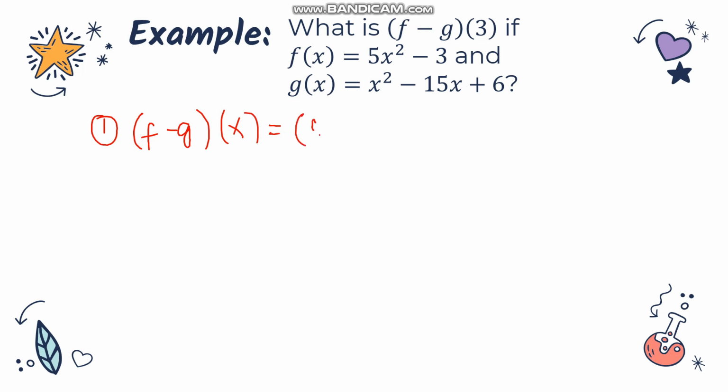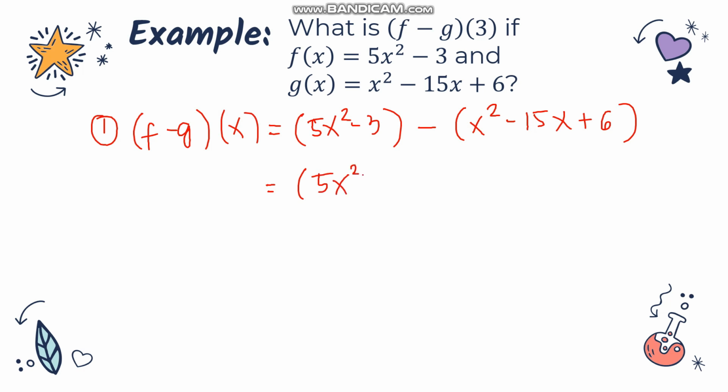So we have 5x squared minus 3 minus x squared minus 15x plus 6. Now next we have to apply the copy plus change. So copy the minuend. So that is 5x squared minus 3. Change the operation to addition. And then change the sign of all the terms of the subtrahend.